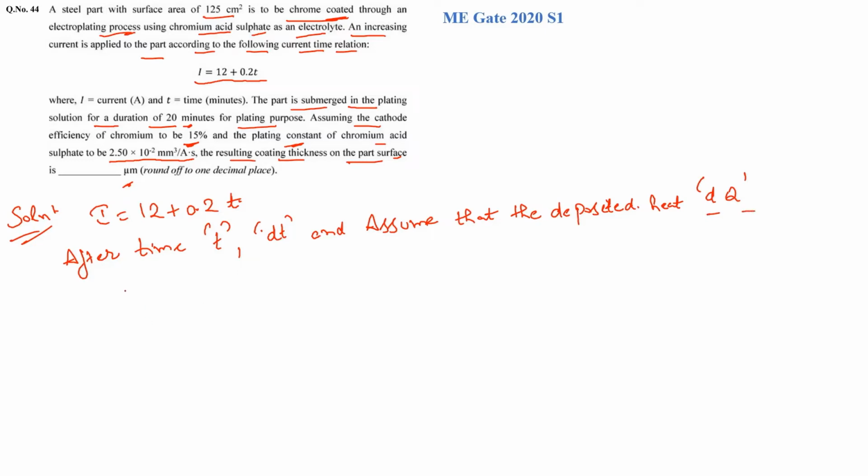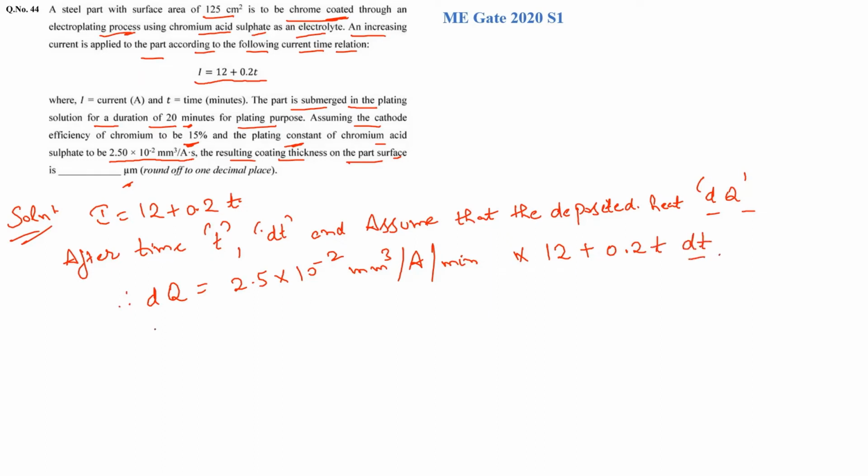So if we differentiate, dq is equal to 2.5 × 10^-2, which has been given, and here we'll assume it in terms of minutes, multiplied by 12 + 0.2t into dt.